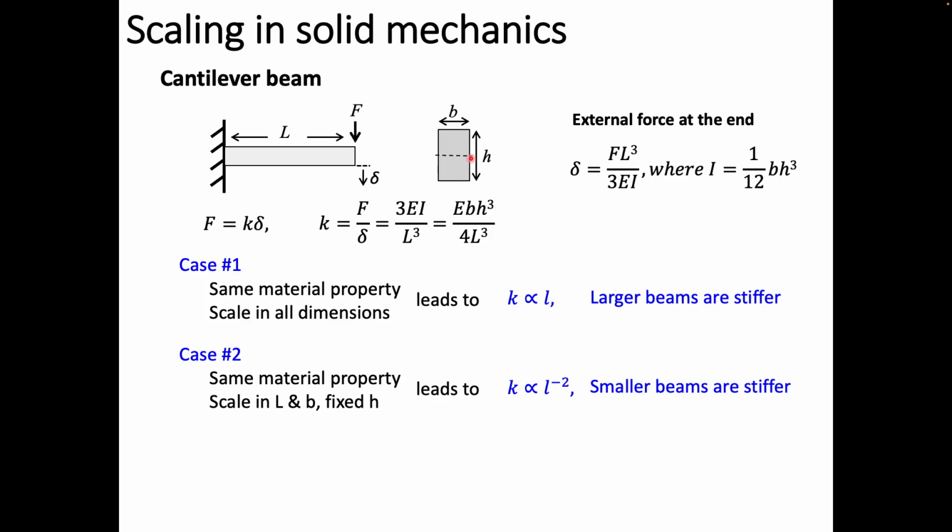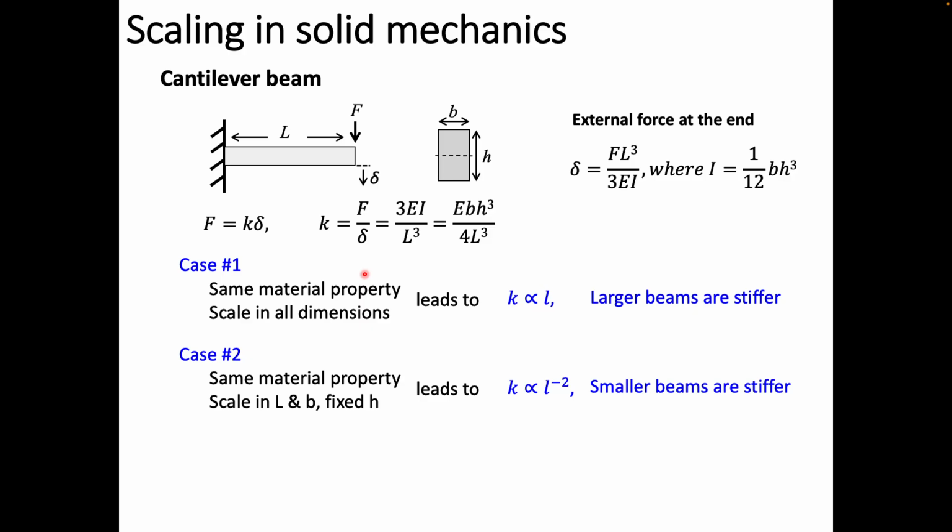Using simple Hooke's law, F equals K, the spring constant or stiffness, times delta, the deflection, you can obtain this K. I assume you have taken solid mechanics already, so you probably derived how you can obtain this stiffness.